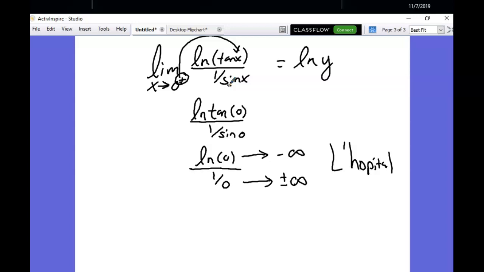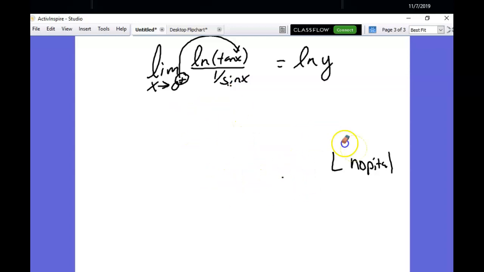Okay? Now, the trig functions add an extra layer of difficulty, as they typically do. We could leave it as 1 over sine x. I guess we'll try it. It might be easier to change this just to cosecant. It's kind of hard to say what we should do.